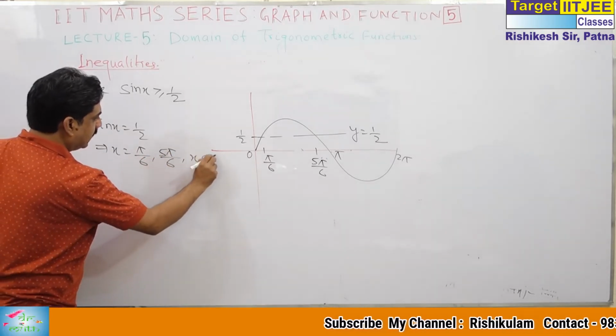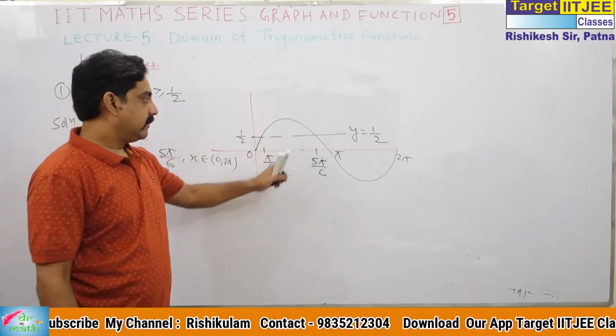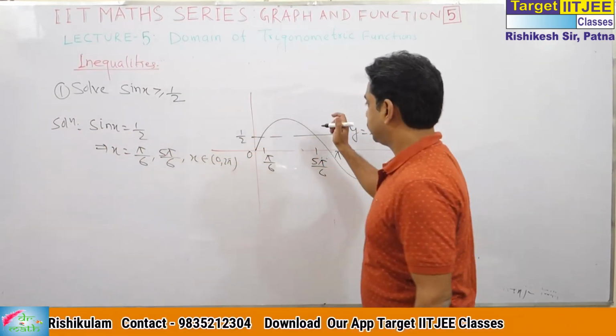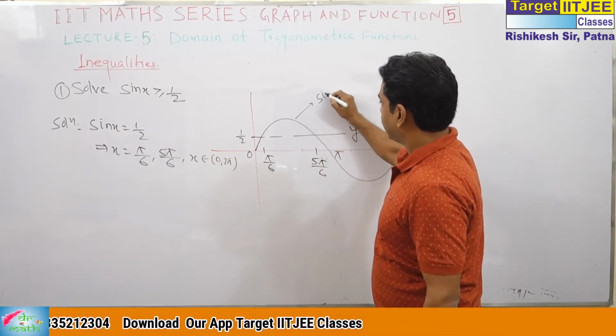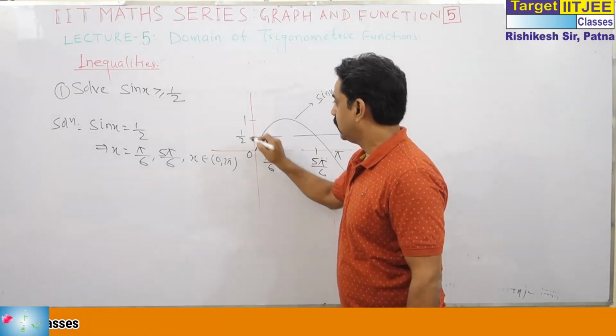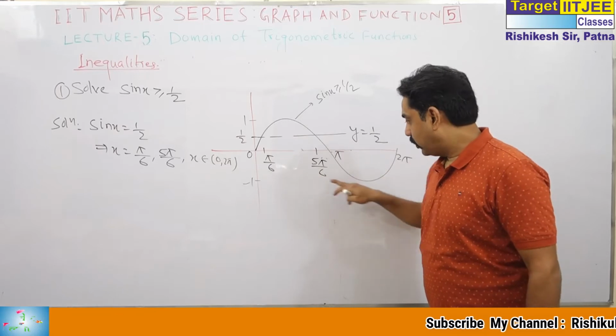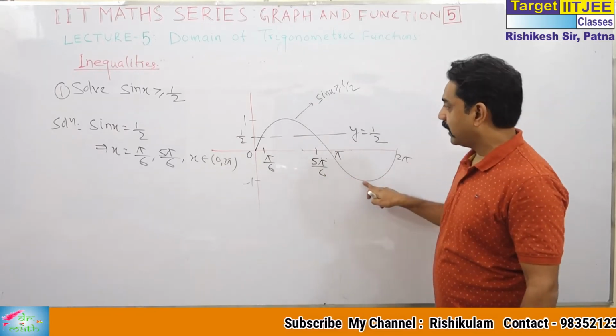First and second quadrant, we are taking 0 to pi. Now see the graph. This portion is greater than 1 by 2. In this portion sin x is greater than or equal to 1 by 2. Actually the graph of sin x goes up to 1 and below to minus 1.